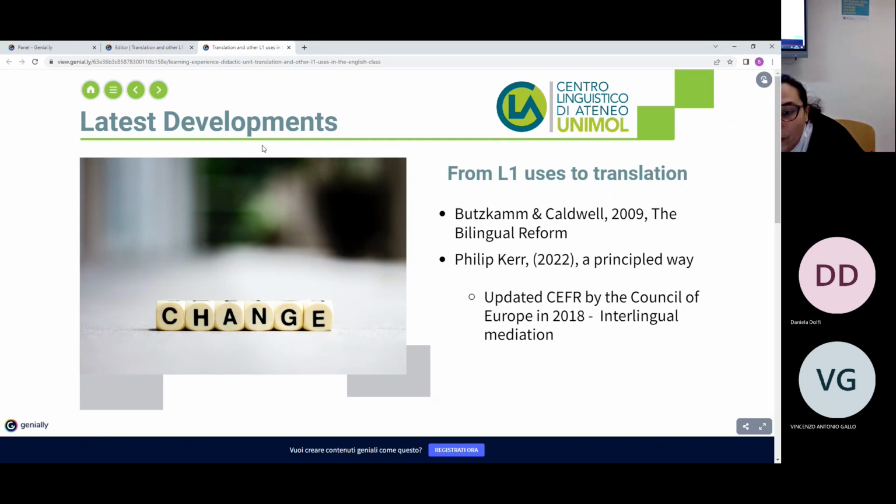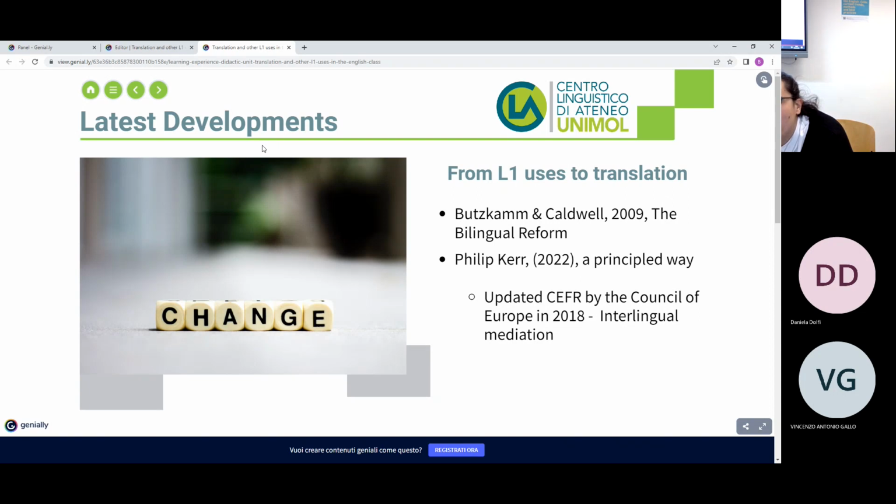The bilingual reform by Butzman and Caldwell in 2009 was the first defense and first claim for the use of actual translation and its uses in the English class.